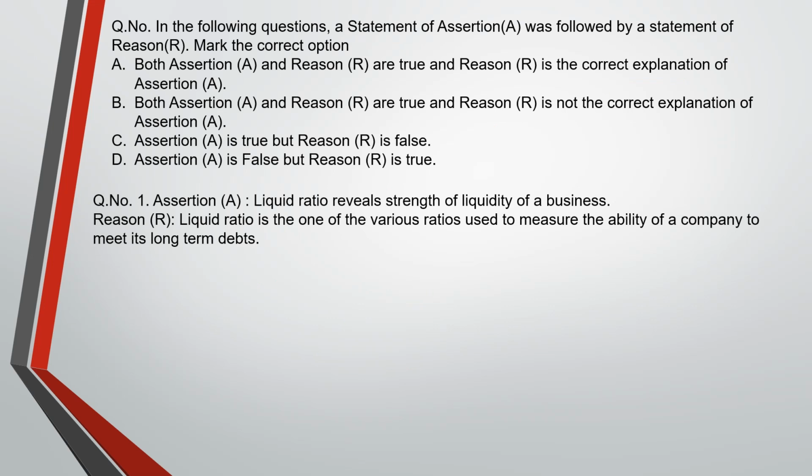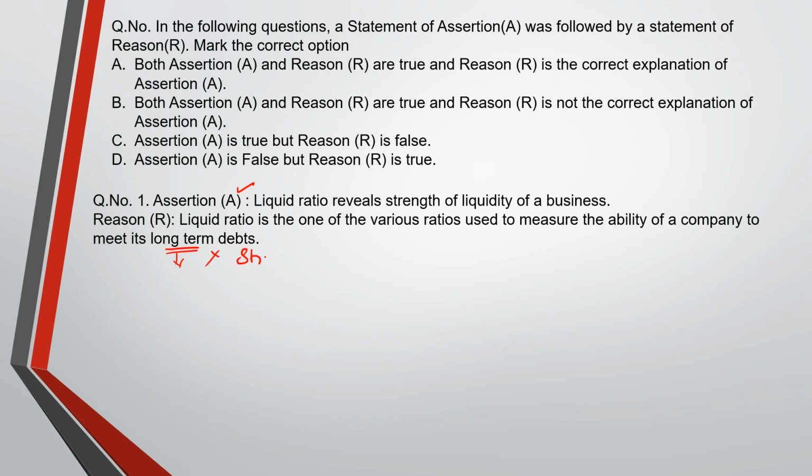So the first question we'll take up is where the assertion is: liquid ratio reveals the strength of liquidity of the business. Yes, liquidity ratio is related to liquidity of the business. So here the assertion is true. Let us look at the reason. Liquid ratio is one of the various ratios used to measure the ability of a company to meet its long-term debt, which is wrong.